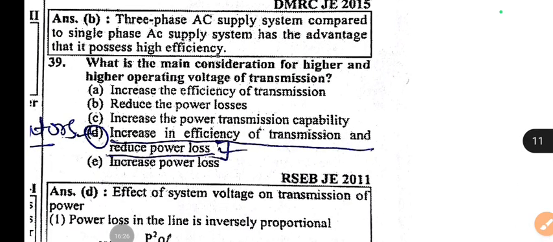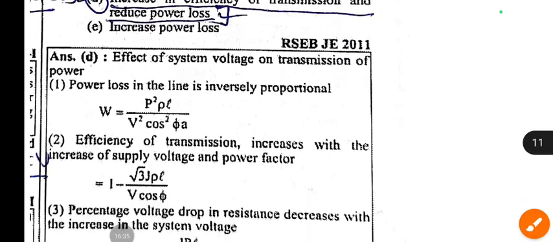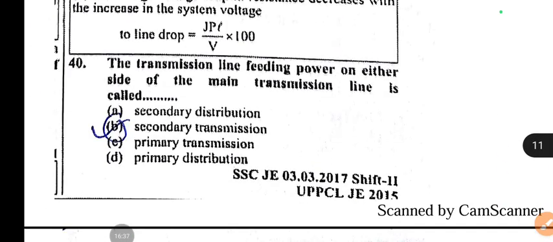What is the main reason for a higher operating voltage of a transmission system? To increase the efficiency of transmission and reduce the power loss. Very basic question. The transmission line feeding power on either side of the main transmission line is called a secondary transmission line.